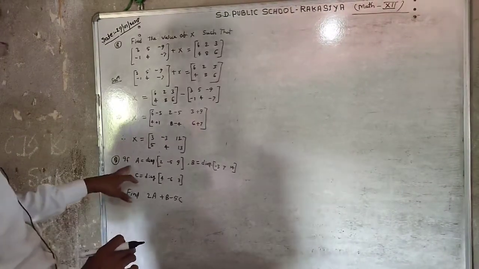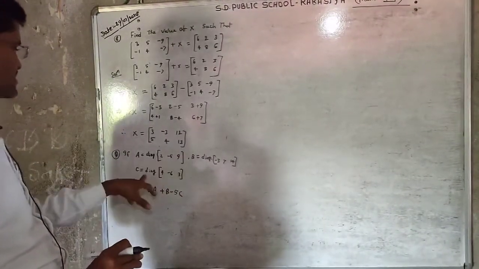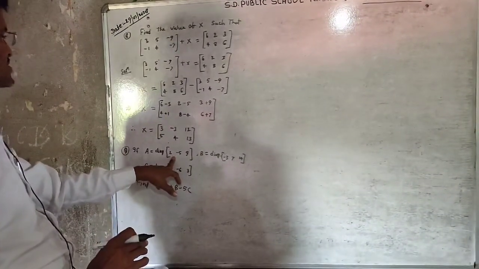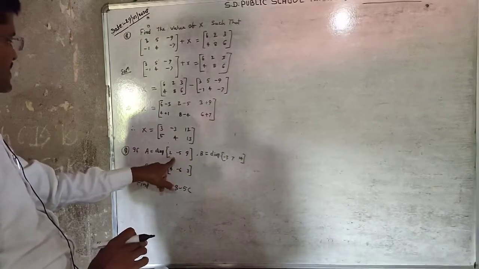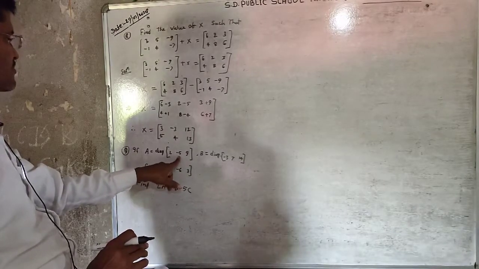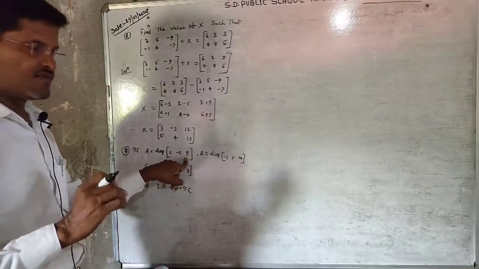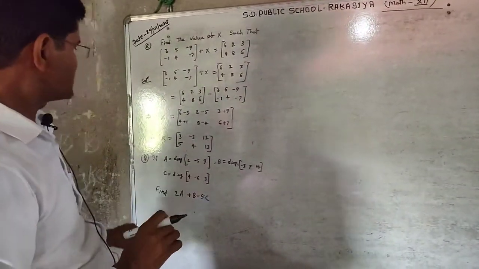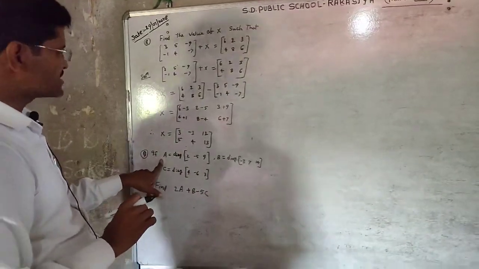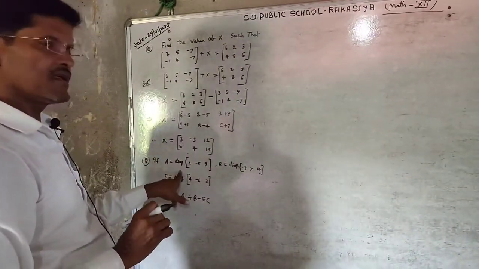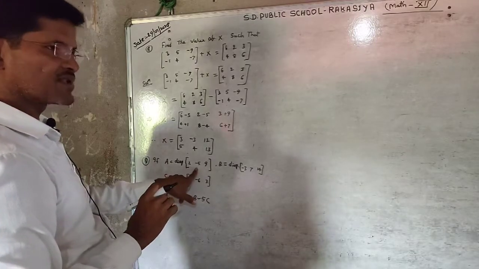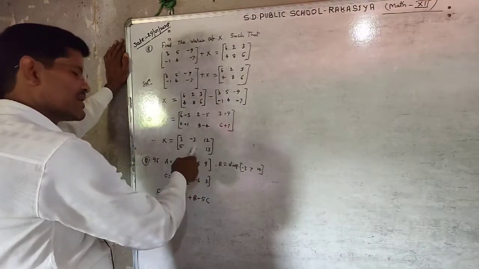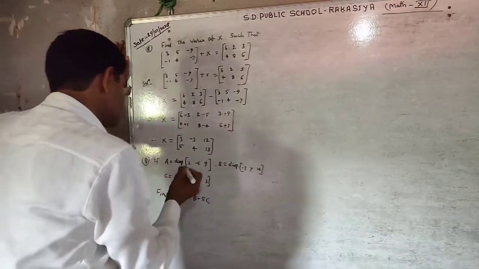The problem gives three matrices A, B, and C, and all three matrices are diagonal matrices, with three diagonal elements given. For A they are 2, minus 5, and 9. We know that a diagonal matrix is also a square matrix. Hence, all matrices A, B, and C will be square matrices of order 3 by 3, because three diagonal elements are given in this problem.